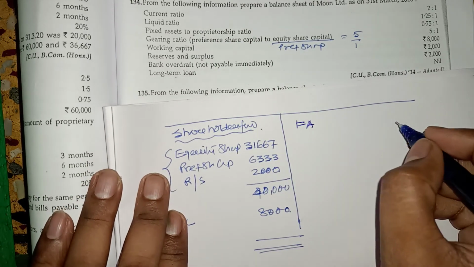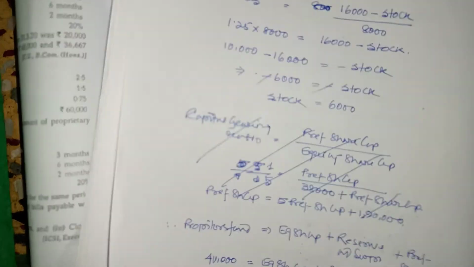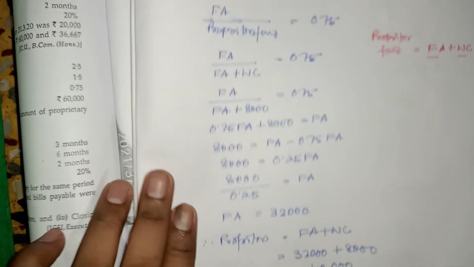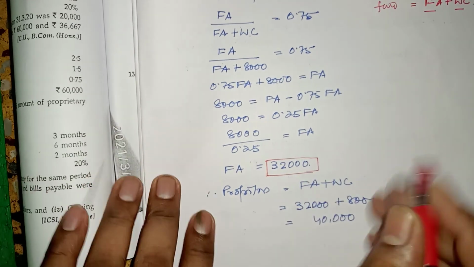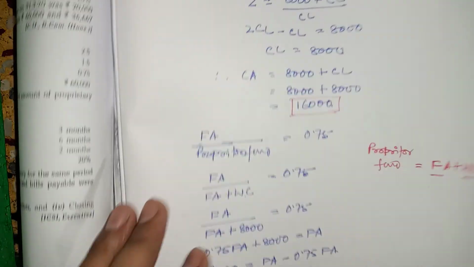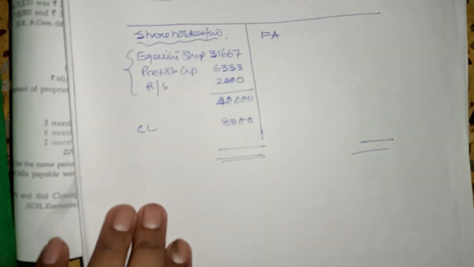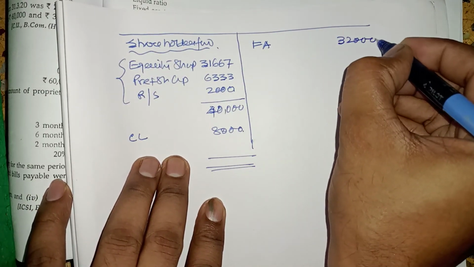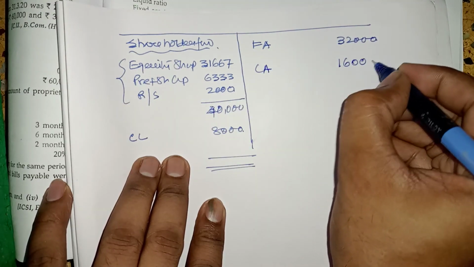We know the fixed assets. Our fixed assets is 32,000, current assets is 16,000. So in assets we can put fixed assets 32,000 and the current assets is 16,000.